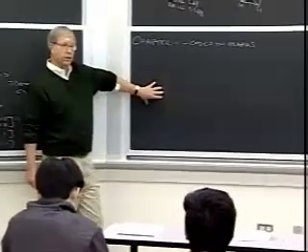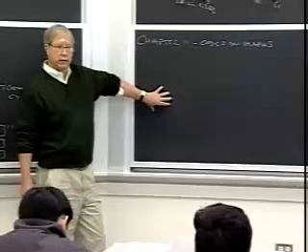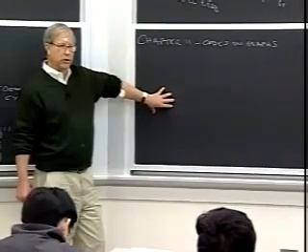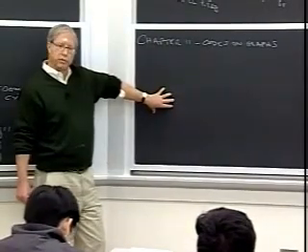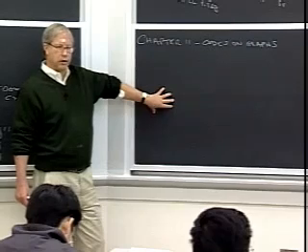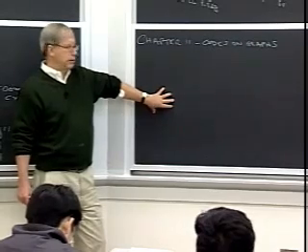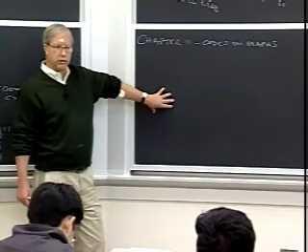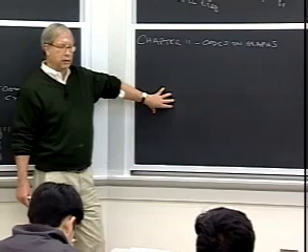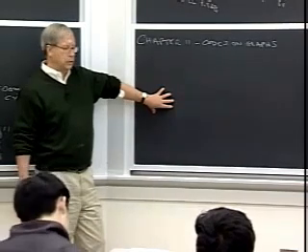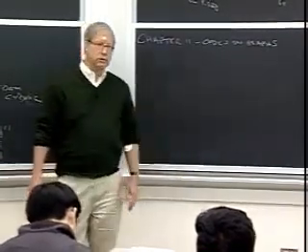Then in Chapter 13, we'll talk about the actual classes of capacity approaching codes that people have developed, what their graphs are, how you decode them, and I hope in enough detail so that you'll get a good sense for how all this works. Okay, so that's where we're going.